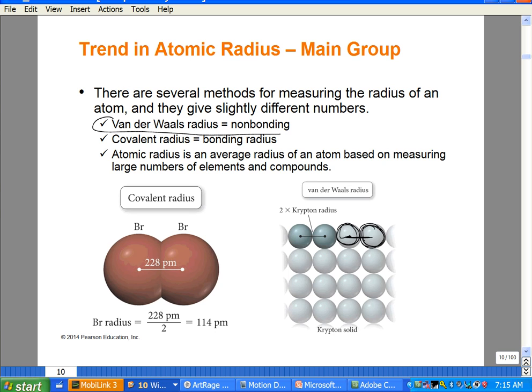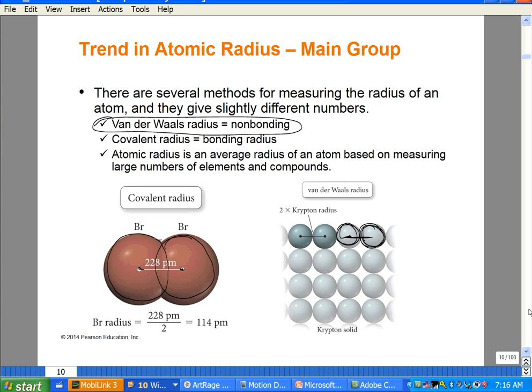That's called the van der Waals radius. Or we can look at the bonding radius. If we have two atoms that bond with each other, we can look at the distance between their nuclei when they're bound. So the van der Waals radius is when you just sit them next to each other, and the covalent radius is when they're actually bound together.